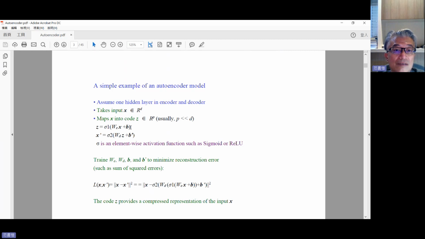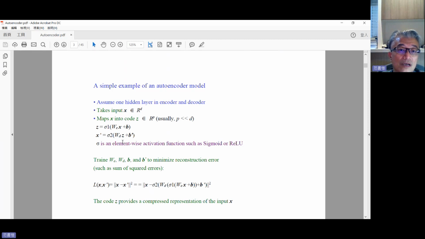So x goes through the encoder W_E, and z can be found by nonlinear programming techniques, and as an input of sigma 2 the decoder transforms it back.